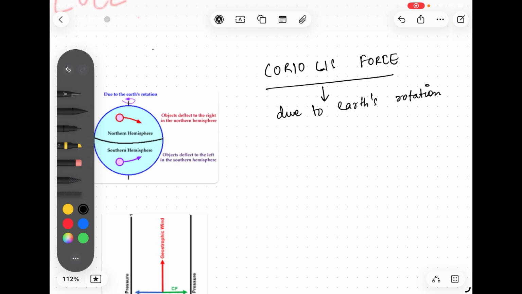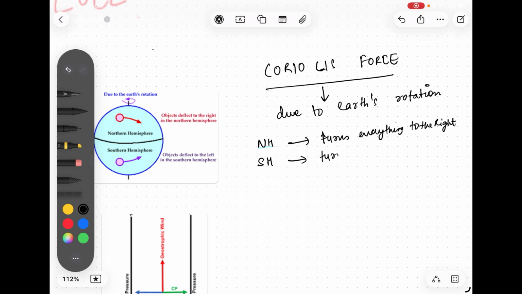So what it really does is, due to the rotation of the earth, in the northern hemisphere, the Coriolis force turns everything to the right. And we know that it's exactly opposite in the south.